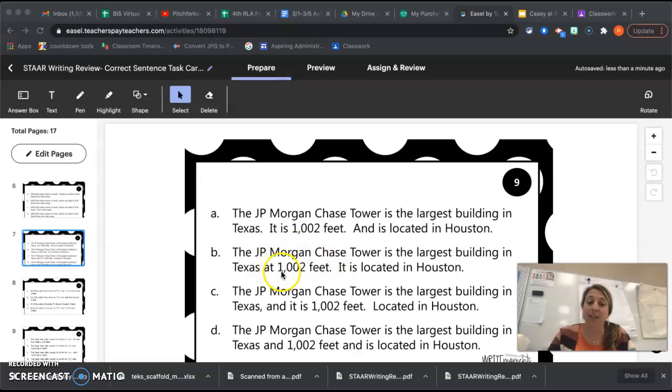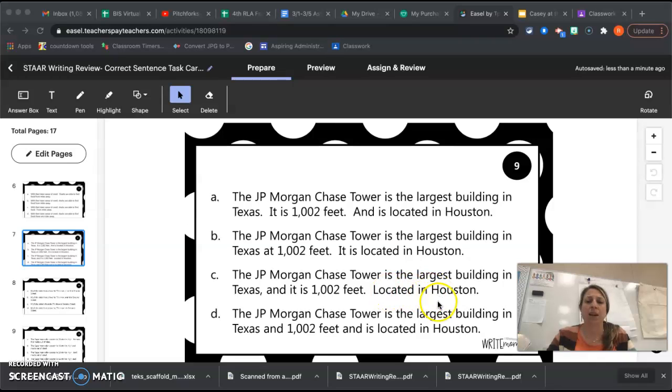B is correct because it tells me about the building and where it's located. At 1,000 feet is a prepositional phrase, so it's just giving me extra information about it, so that is fine. It is located in Houston, and it tells me what is located somewhere. We look at C. Located in Houston. Well, I don't know what is located in Houston. So this is a fragment.